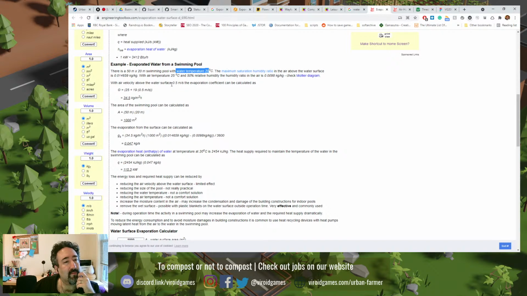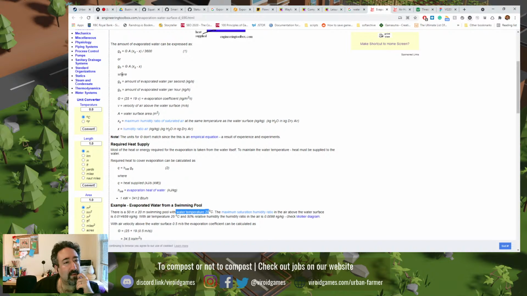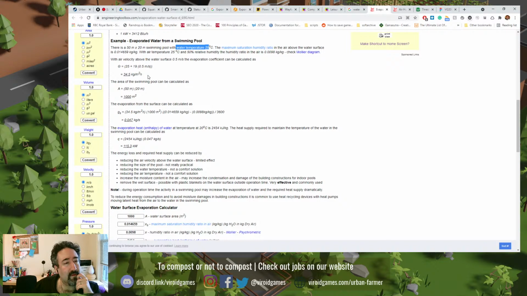So if there is wind such that it's half a meter per second, this is the evaporation coefficient. So every hour, theta is hour, when you have a square meter of surface, you are evaporating 44.5 kilograms of water.